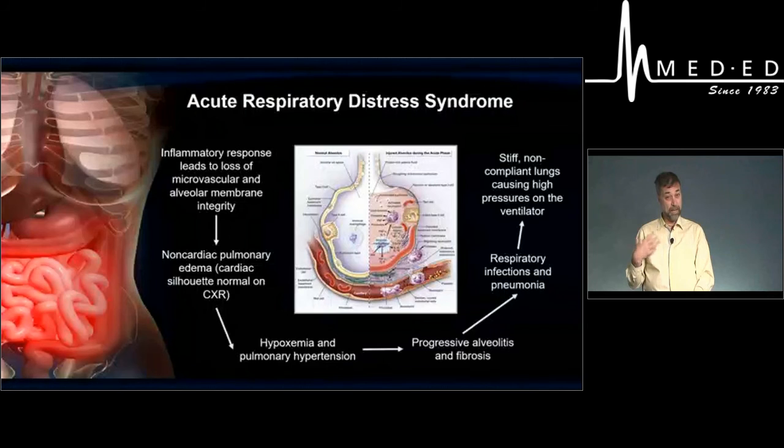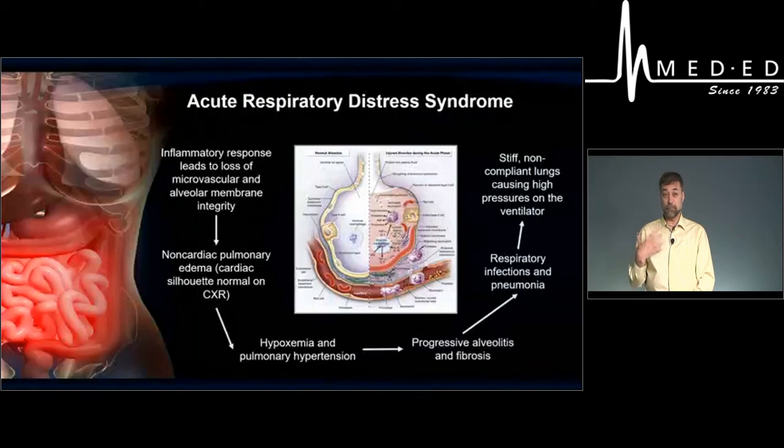So when the patient has significant tissue trauma, the body's going to release inflammatory mediators. Now, as I talk about in Special Considerations, those mediators have three main courses of action. They vasodilate, they increase capillary permeability, and they increase coagulation. So the increased capillary permeability in the lungs is going to lead to pulmonary edema and fluid sequestration.